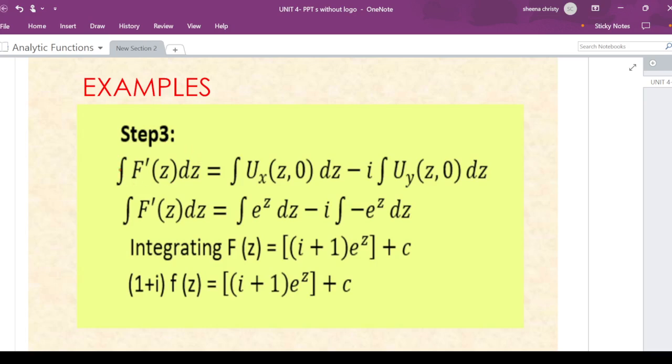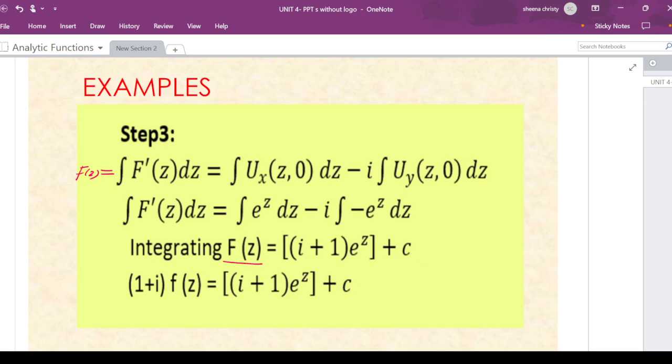Here we have taken the integral of F'(z) dz, that is nothing but F(z). So F(z) equals the integral of e^z dz minus i times the integral of −e^z dz. The integration of e^z is e^z itself. Therefore, you have (1 + i) e^z plus an integral constant c.